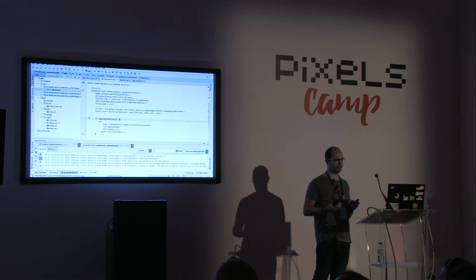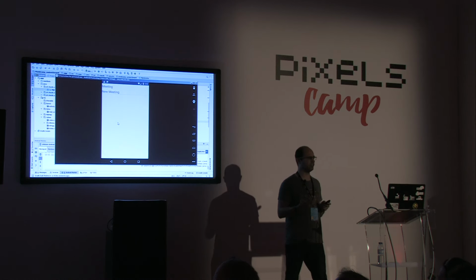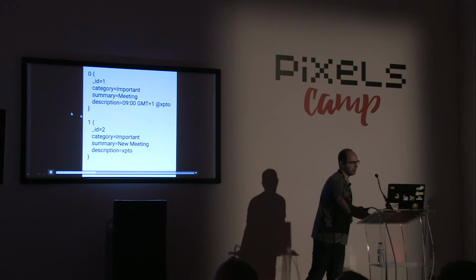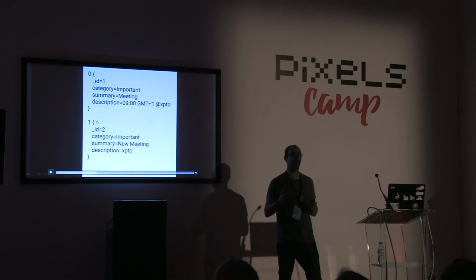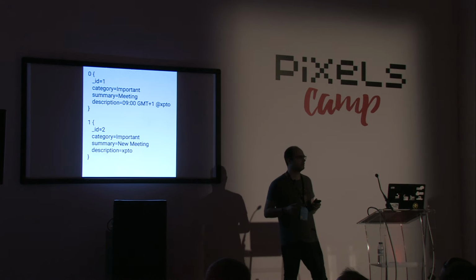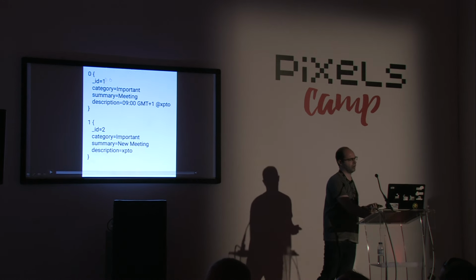So I'm going to create an application that is going to exploit that vulnerability. So this is the normal behavior. I'm querying the content provider, the SQLite content provider, and I'm seeing those two notes that were in the non-secure area. So okay, is there a way that I can try to get to the secure notes?